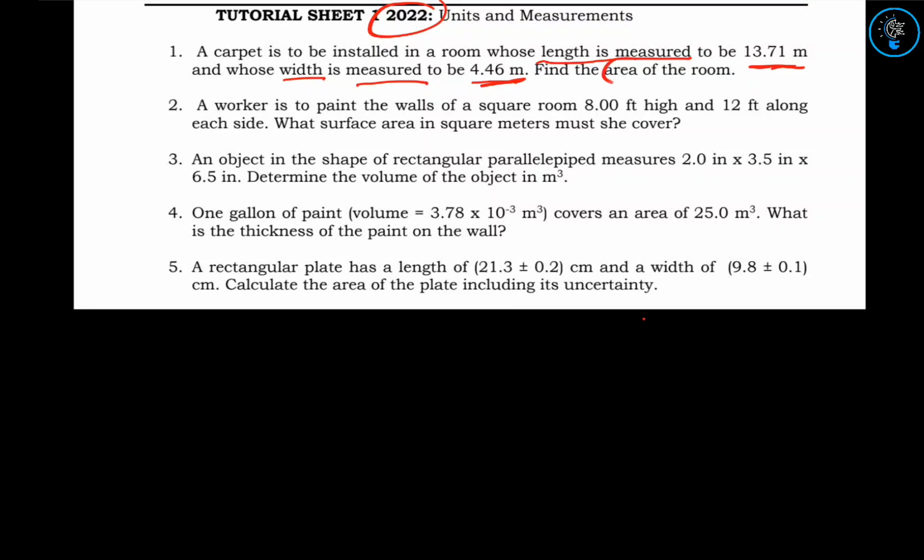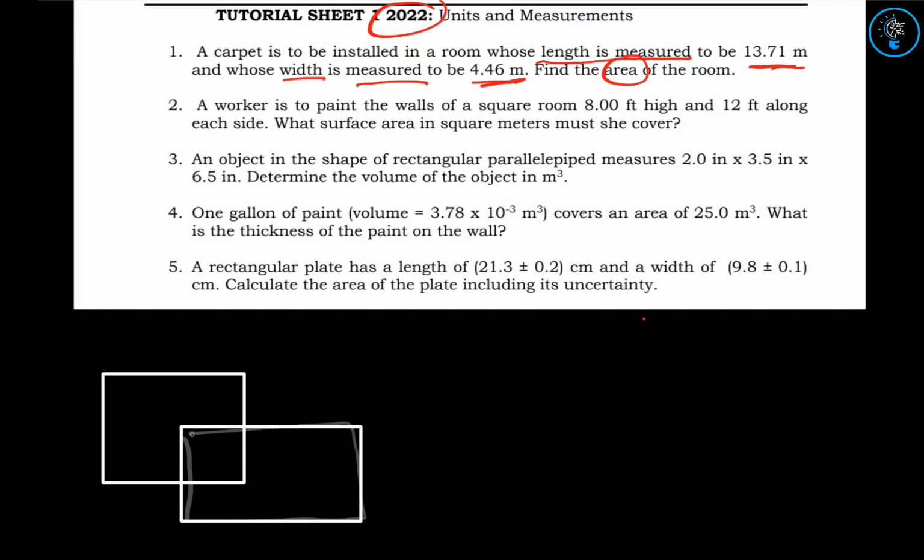Then we're told to find the area of the room. So what we can do is make first a diagram. Let's draw first a diagram to understand the question better. So let's say we have this simple box as the room.